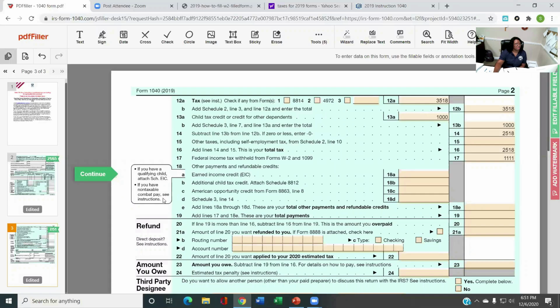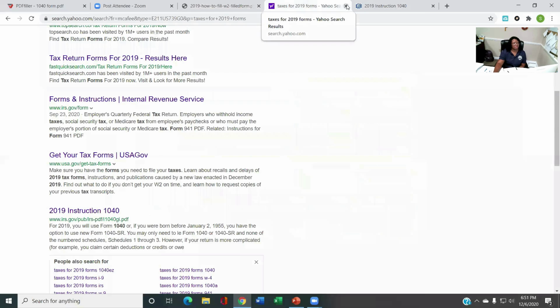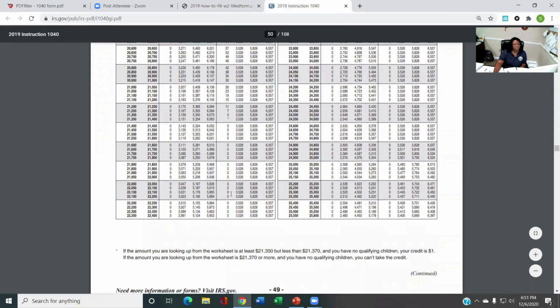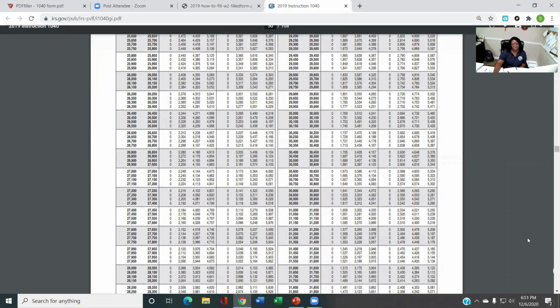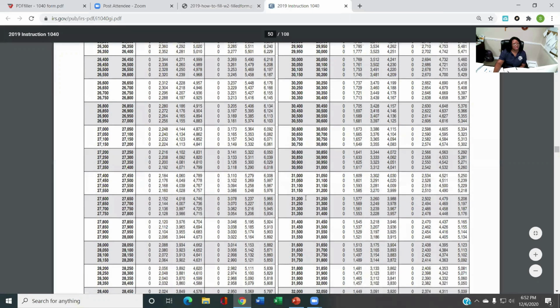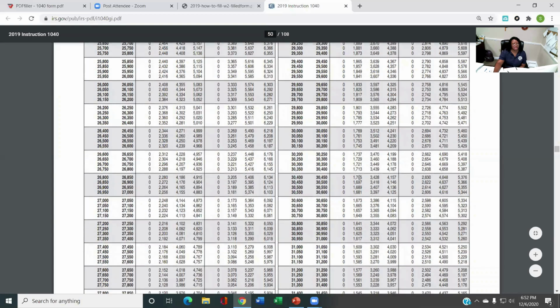So our income was 31,000, $31,650. So that's that. So this is our earned income credit because we have one child.